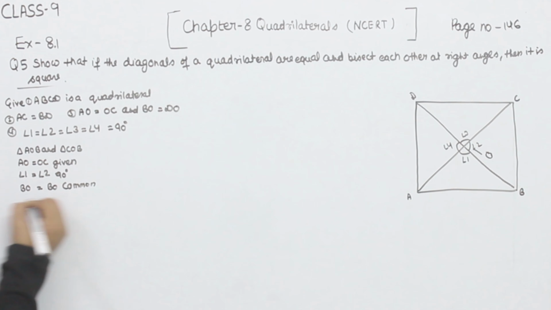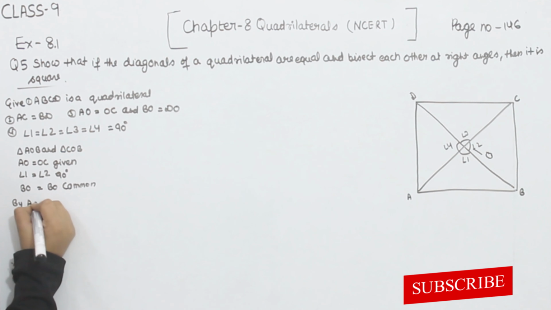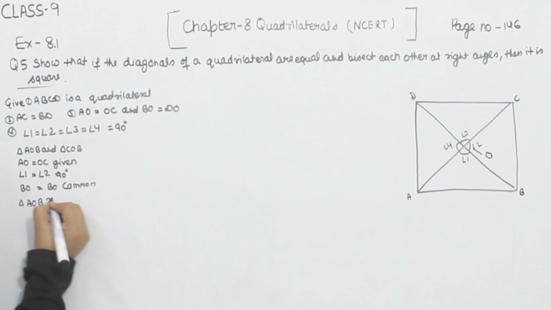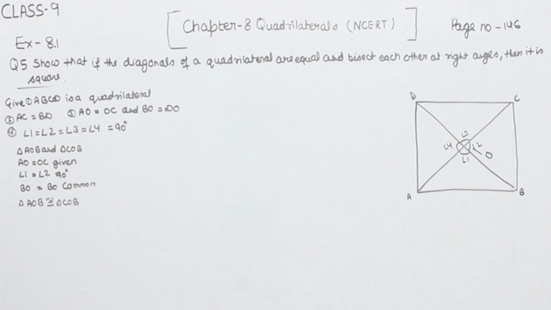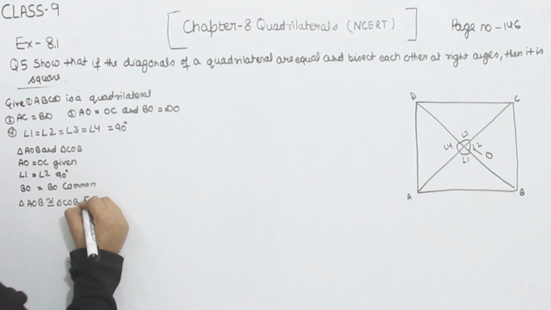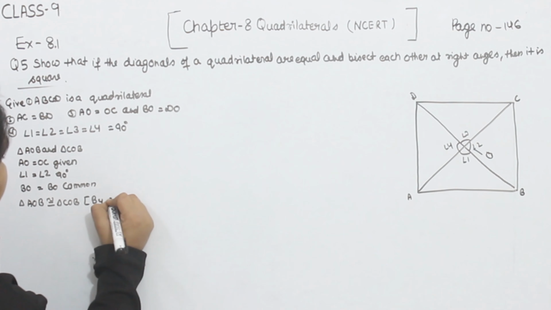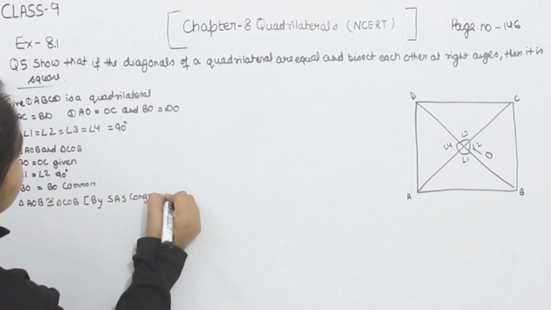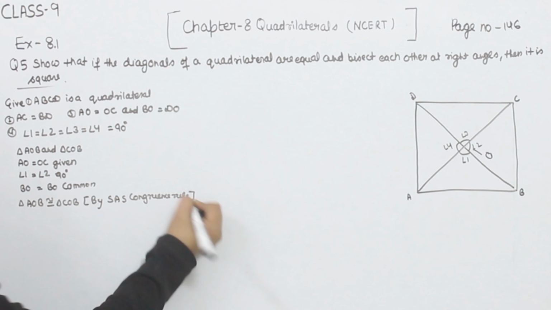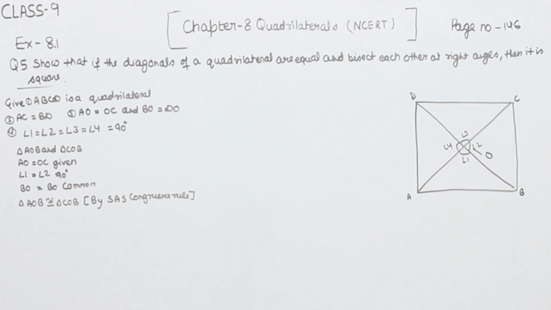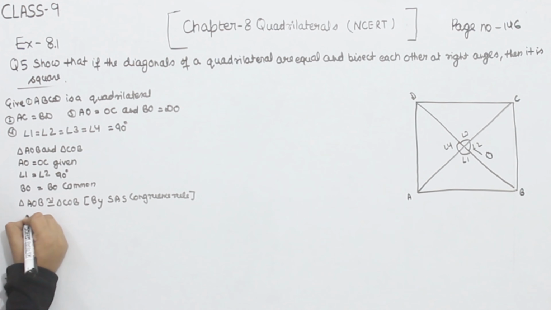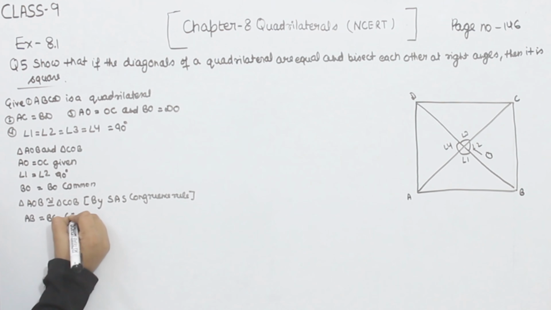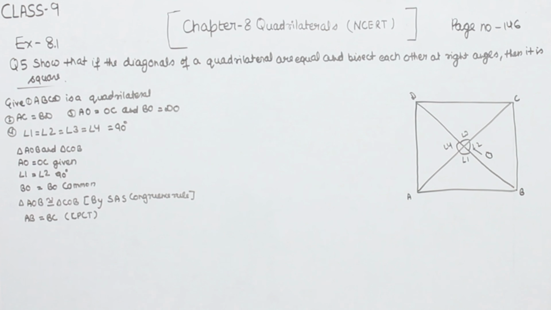Now triangle AOB is congruent to triangle COB by side angle side congruence rule. Now these two triangles are congruent to each other. Then AB is equal to BC by CPCT.